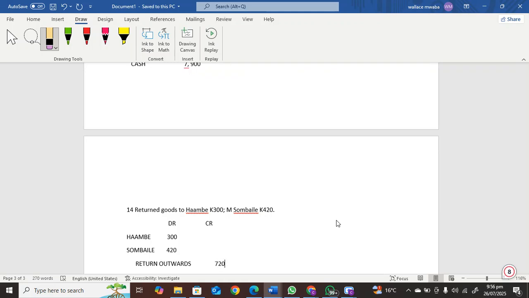Because according to the duality concept, both sides, debit and credit, should be equal in every transaction. You should never have the debit not equal to the credit. The duality concept, as I said, means debit and credit also have to have equal amounts.